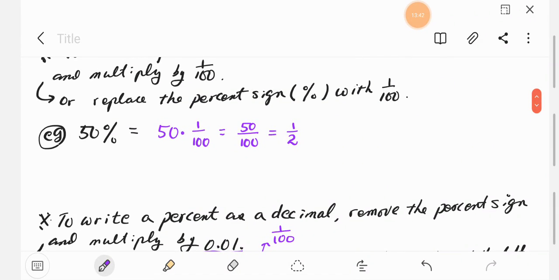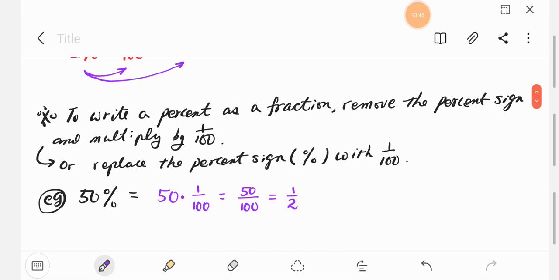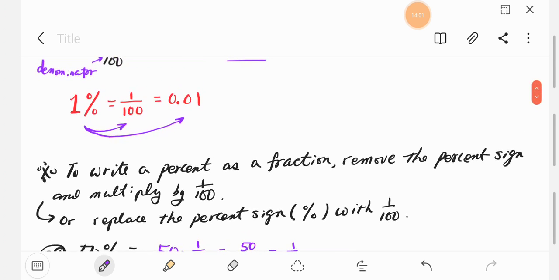Or if you want to convert percent to a fraction, then replace this percent with what? 1 over 100. So instead of multiplying by 0.01, multiply the number by 1 over 100 for a fraction. Because 1% is equivalent to what? 1 over 100 as a fraction, and 0.01 as a decimal.